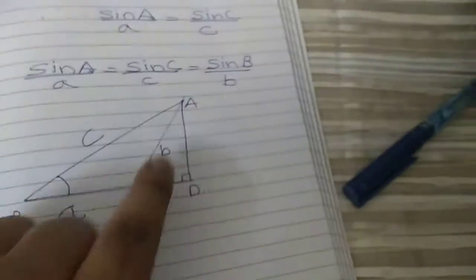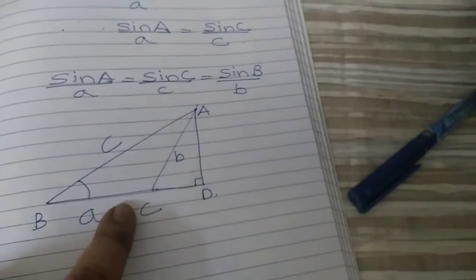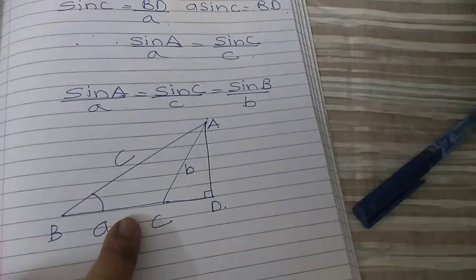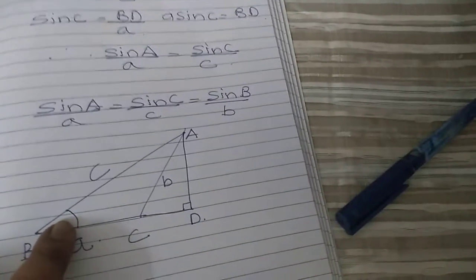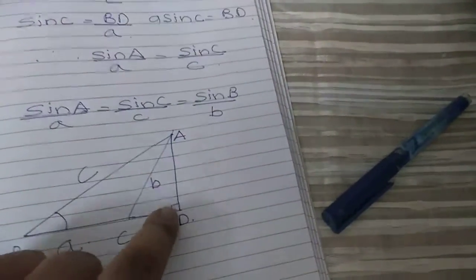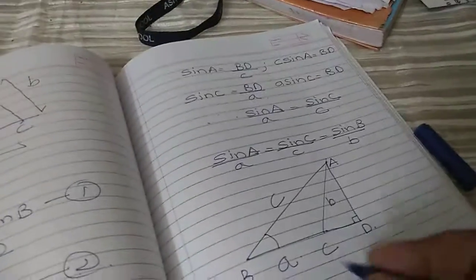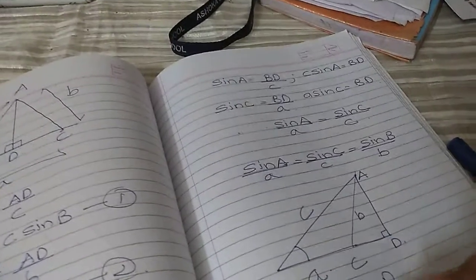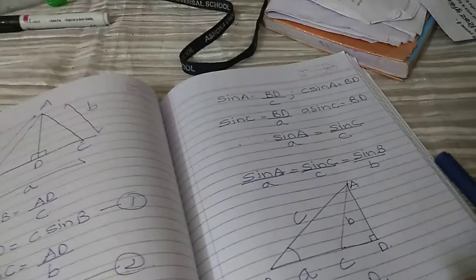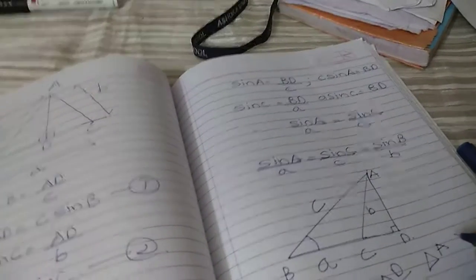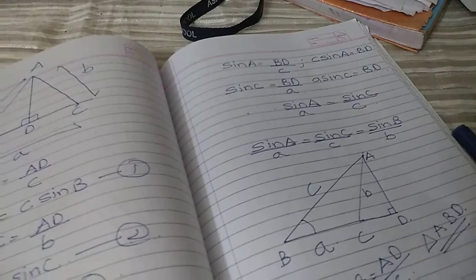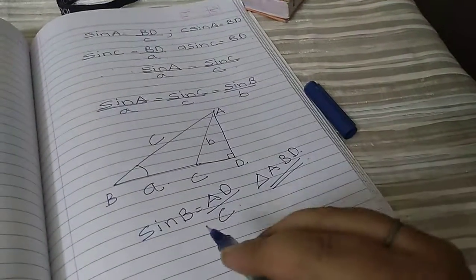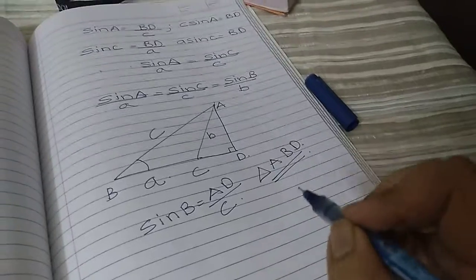In this right angle triangle, you apply the trigonometric function sine B. Sine B is equal to opposite upon hypotenuse, that is, sine B is equal to AD upon C in triangle ABD. Is that clear?